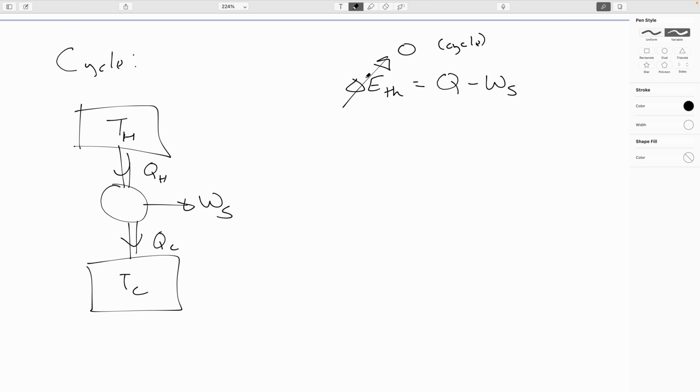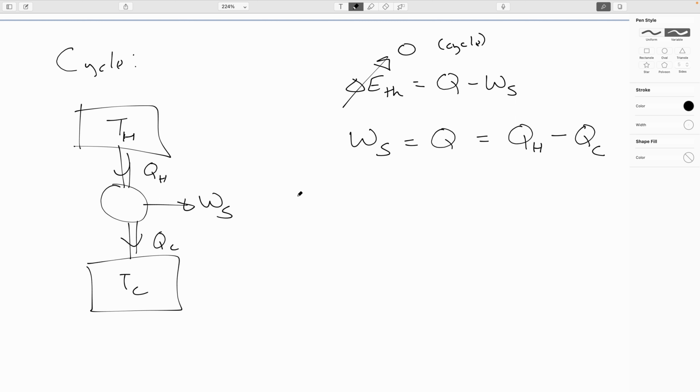And since the temperature we've now seen is directly proportional to the thermal energy, this means that over a complete cycle, the change in the thermal energy is 0. So the work done by the system will equal the net heat transfer into the working substance. But that's going to be what we get in from the hot reservoir minus what we reject to the cold reservoir.